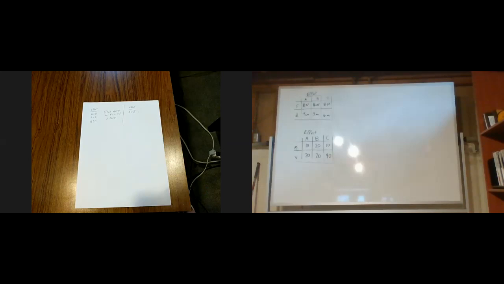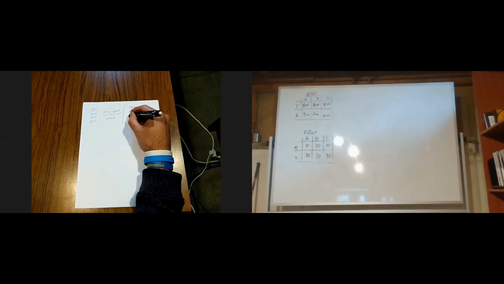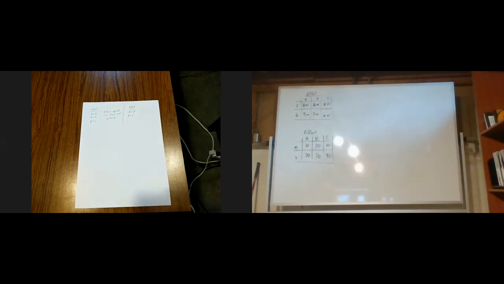Because if you get hit by objects that are going the same speed as each other, well, one of the objects has twice the mass, then it will definitely do more damage to you. We can also compare A and C and say A is without a doubt less damage or less of an effect if it collides with something than C is, because they have the same mass, but C is going twice as fast.